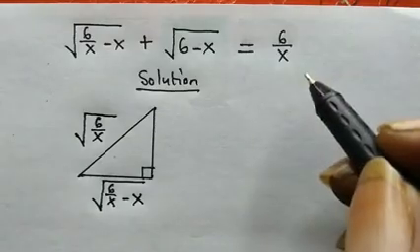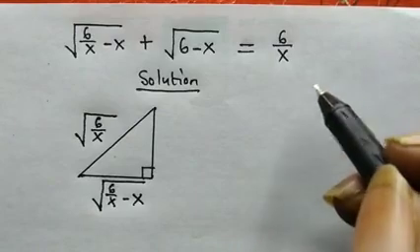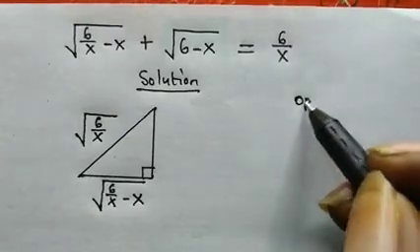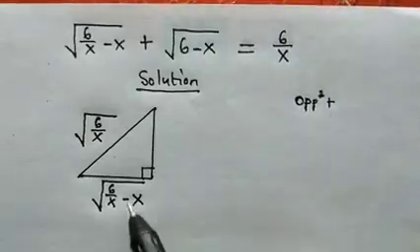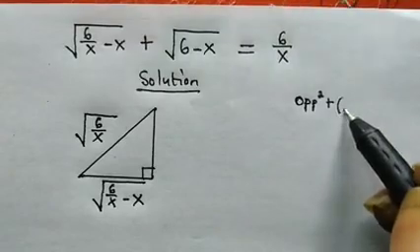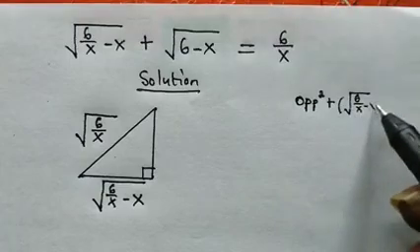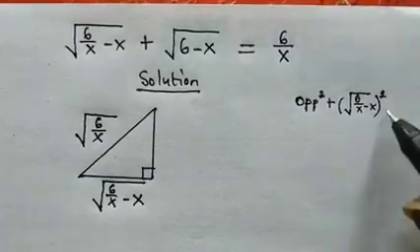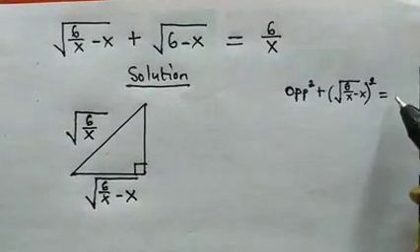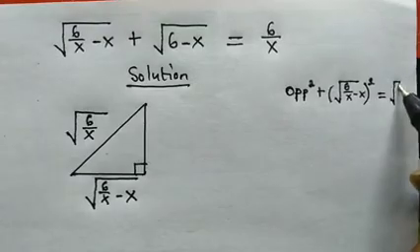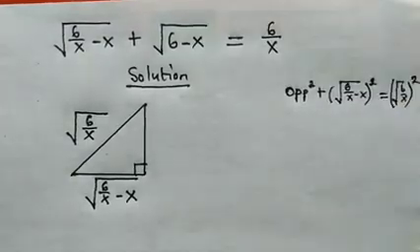Then we're going to make use of the Pythagoras theorem. According to the Pythagoras theorem, the opposite side squared plus the adjacent side squared, that is the square root of 6 over x minus x, squared, will be equal to the hypotenuse side squared, the square root of 6 all over x, squared.